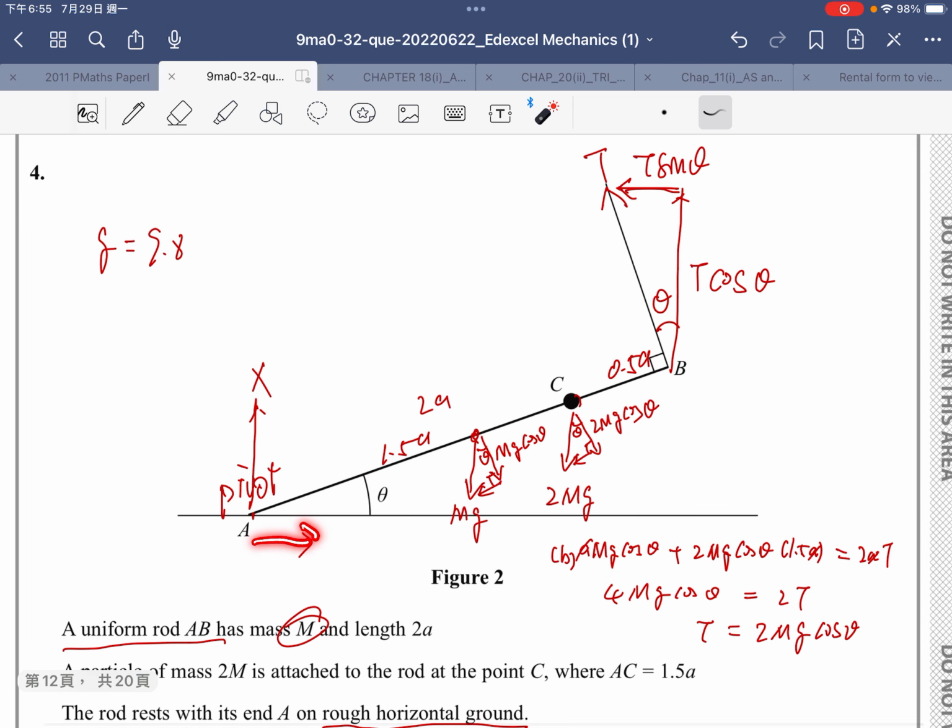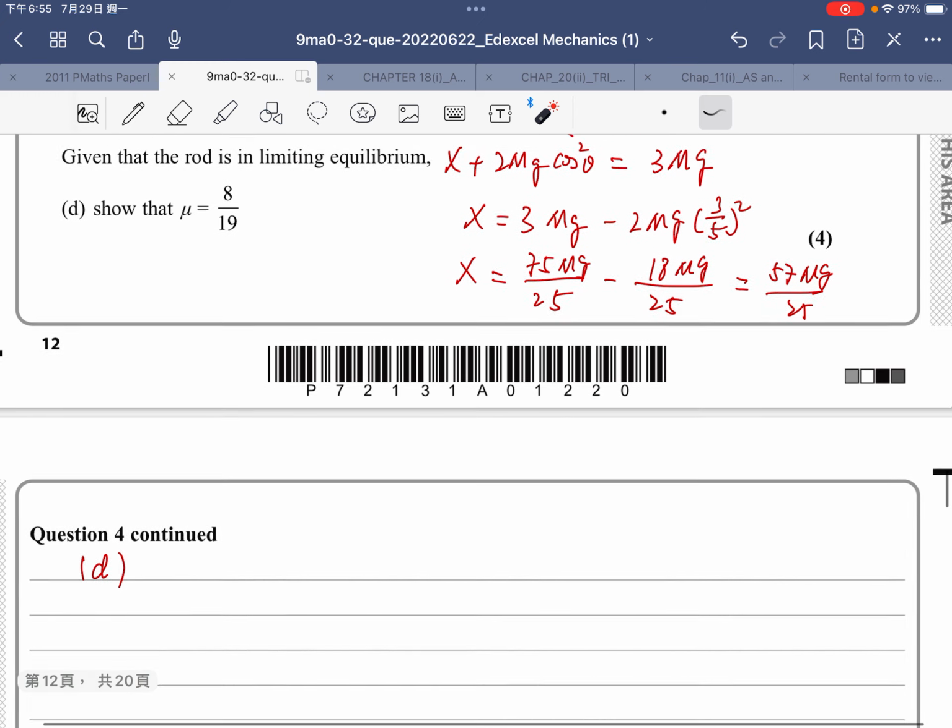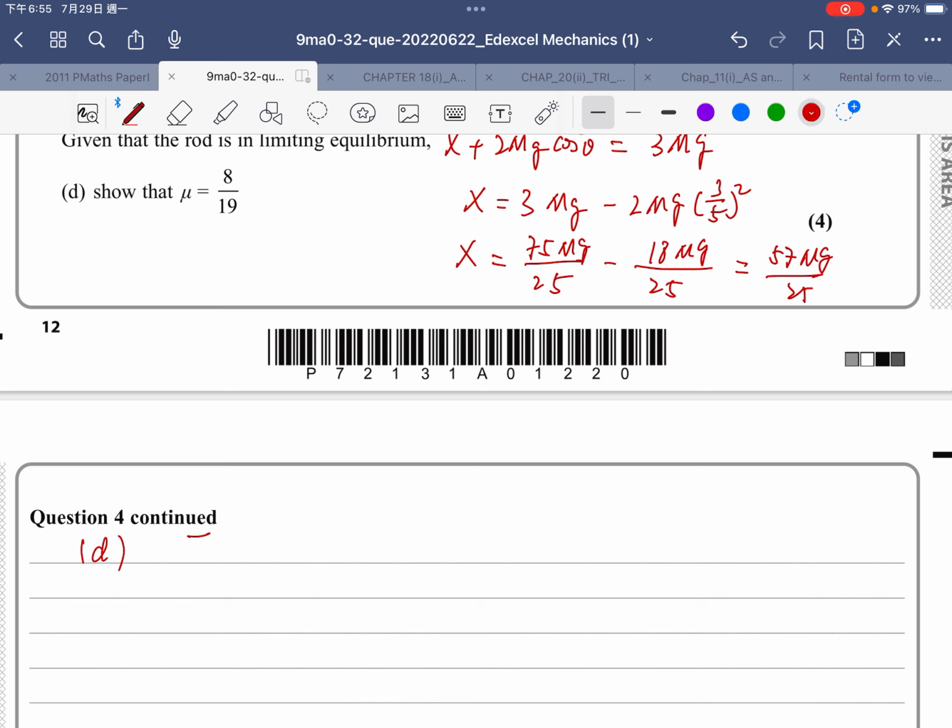The frictional force is this one, and that must be the same as the force acting on the left. Yes, left. I am very confused about left and right. It means T sine theta.